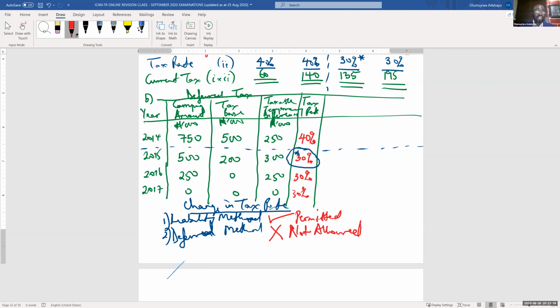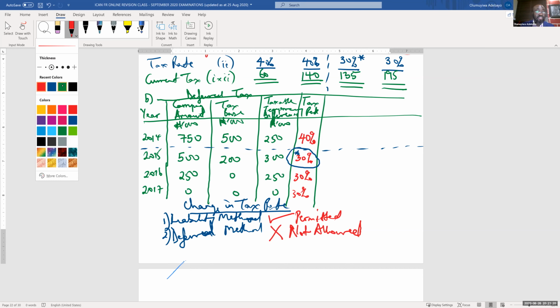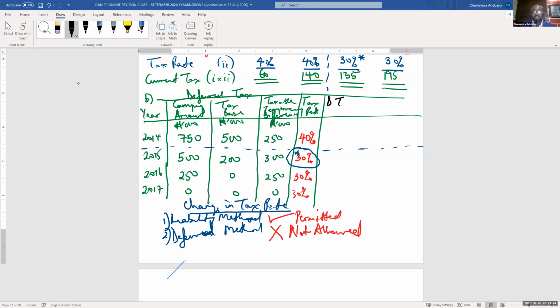Now, in this case, what is my deferred tax liability? Remember, when you multiply the tax rate by your taxable temporary difference, what you get is deferred tax liability.